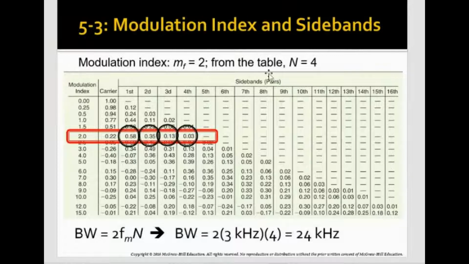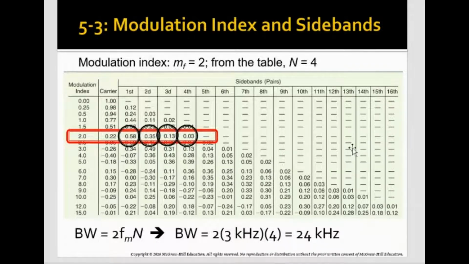FM was 3 kilohertz, the maximum frequency, times 4 sidebands. You just write the value 4. You don't need to take care of the sidebands' amplitude, as long as all of them are larger than 1%. If you use the table, of course, only those are written. The smaller ones are not available.